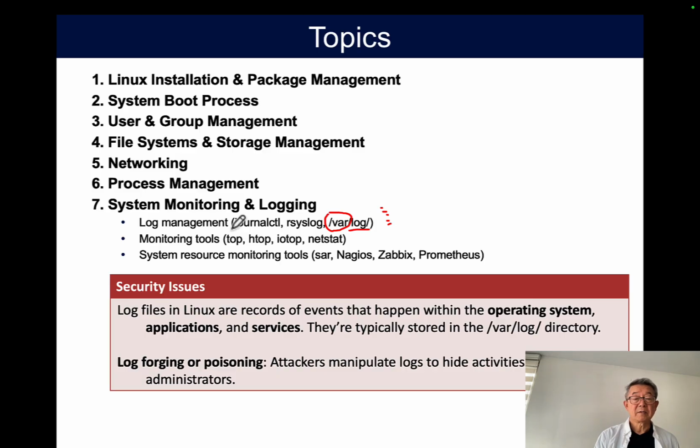So, log management and monitoring tools. You can use some tools to find out the activities of some of the processes, using top, htop, iotop, and some network packet statistics. All those things can be handled. And system resource management monitoring tools.